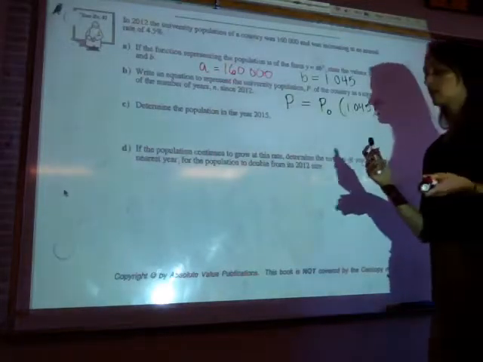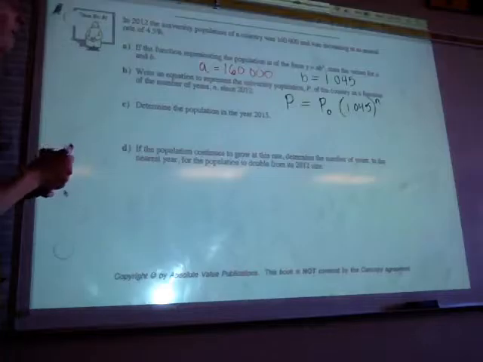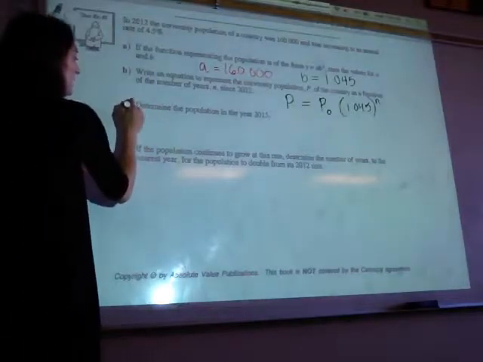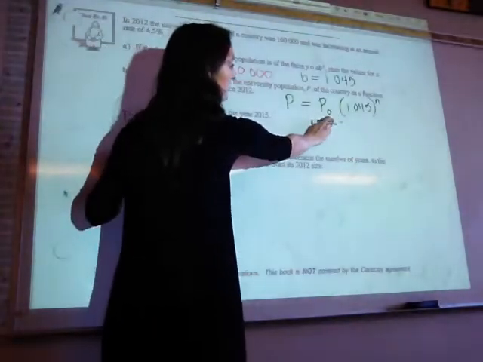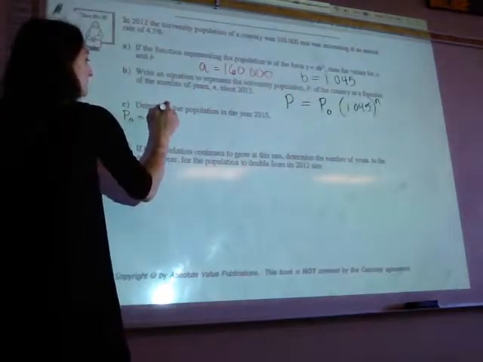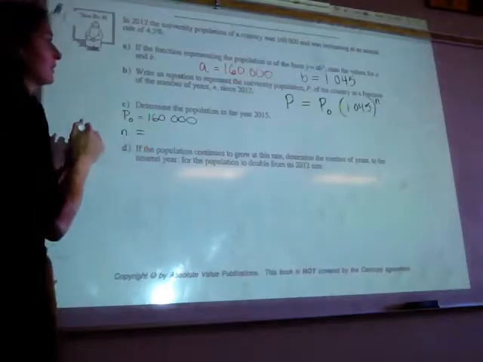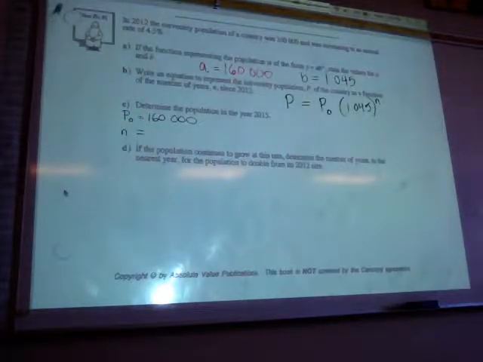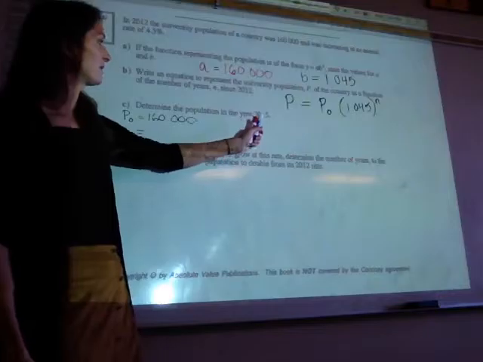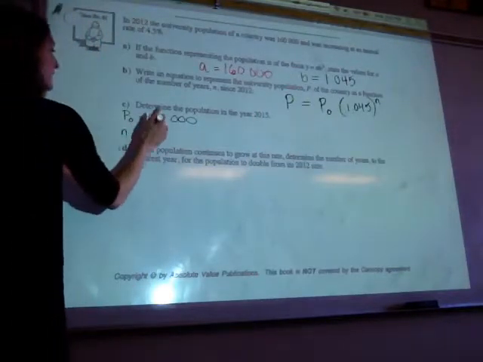Anytime we're dealing with a question like part C where we have to find something, it's always good to just note what everything is. Okay, P0, that's pretty much like our a value, which we just found, 160,000. What's your n going to be? It started in 2012, we need to figure out the population in 2015. 3, good.